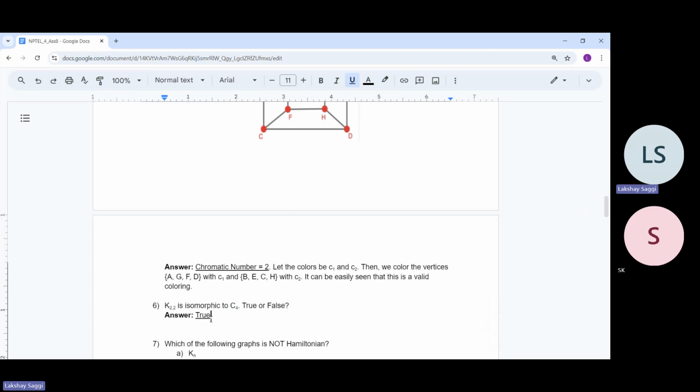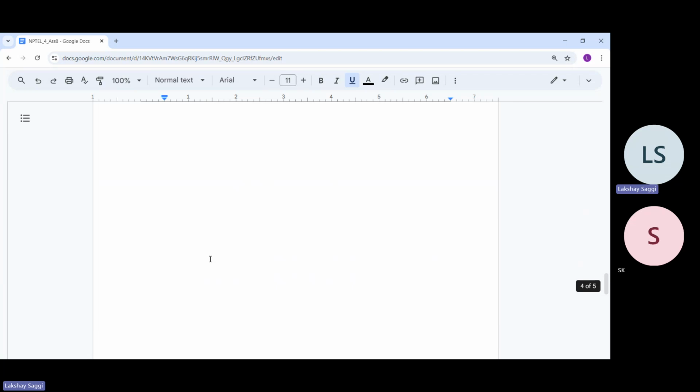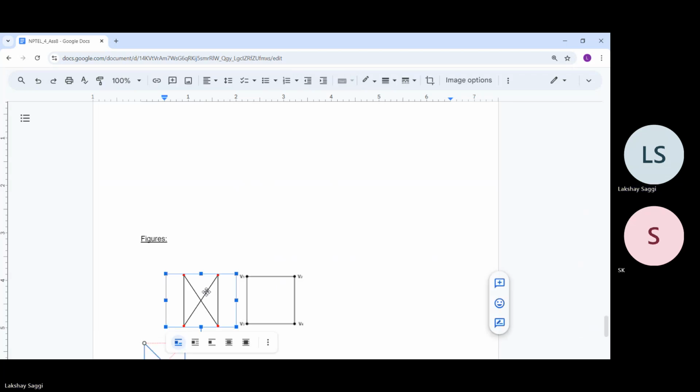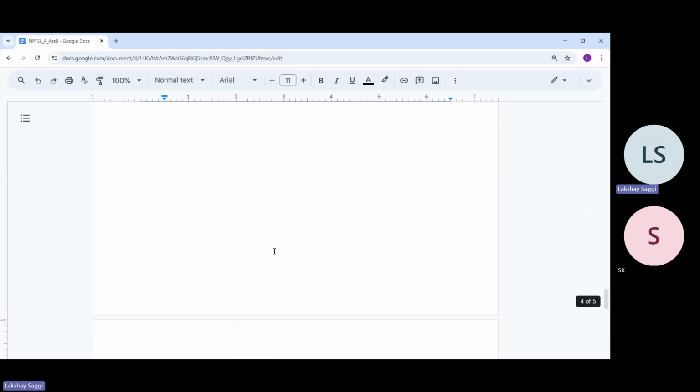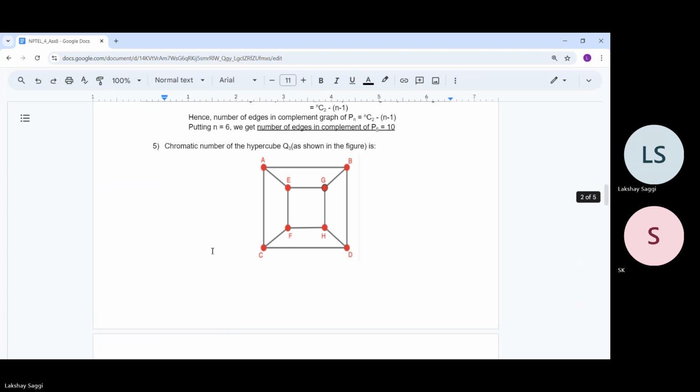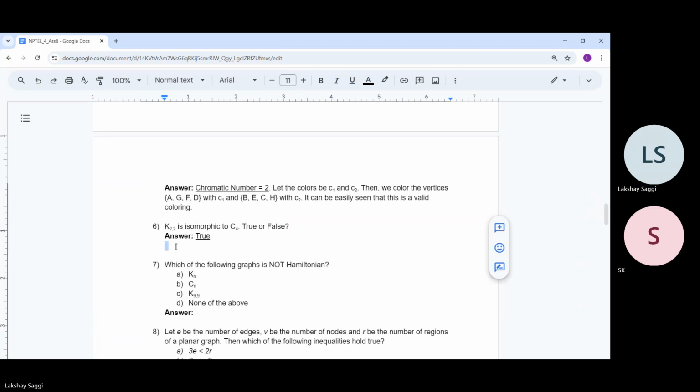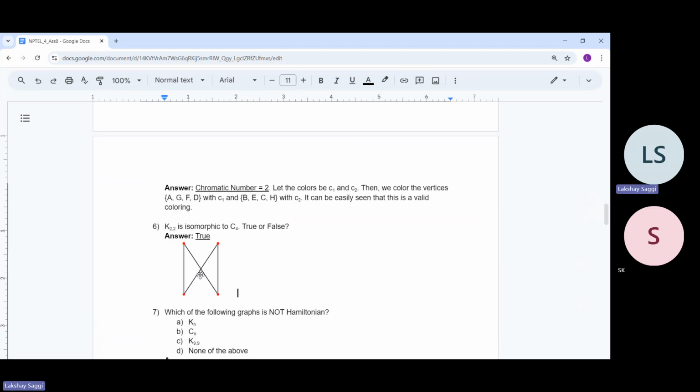This is true because let's consider this figure. This is a K22 graph. First, let's be convinced that this is a K22 graph. Why? Because the upper set has two vertices, the lower set has two vertices, and every pair of such vertices has an edge between them.